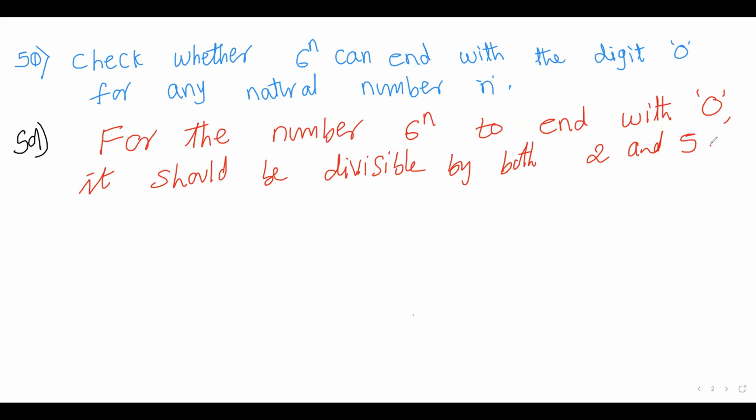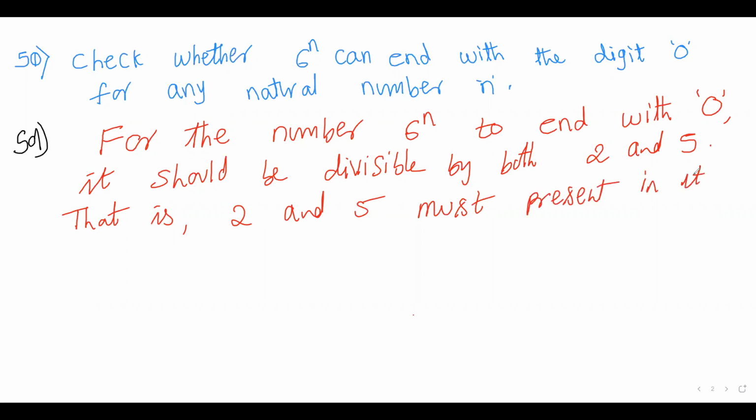I already told you that any number which is ending with 0 should be divisible by 2 as well as by 5. Got it? That is, 2 and 5 must be present in its prime factorization.